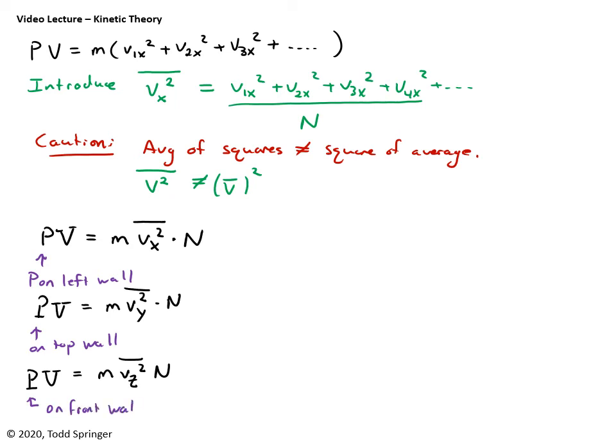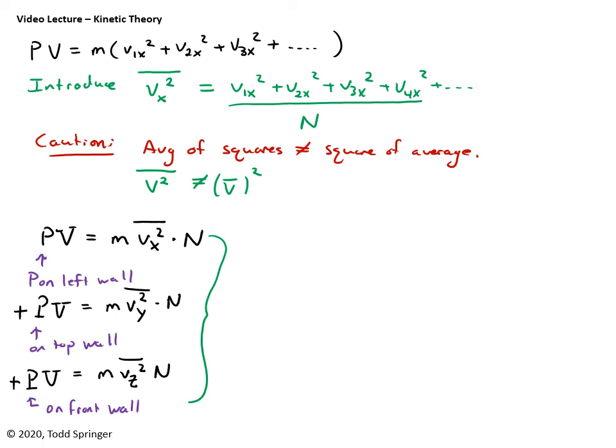But the pressure in a gas is always the same no matter which wall I'm looking at, right? The pressure in the room that you're sitting in right now, the pressure on the front wall in front of you is equal to the pressure on the wall to the left of you. So that's why I use the same P for all of those. And then what I'm going to do is add these three formulas together, just to make a formula which is a little easier to digest.